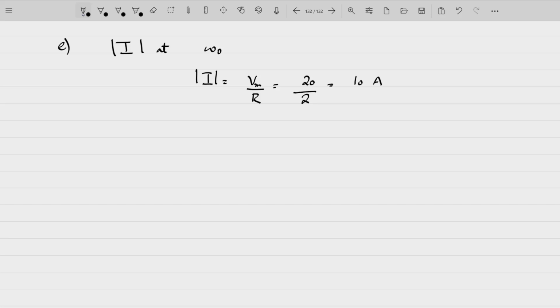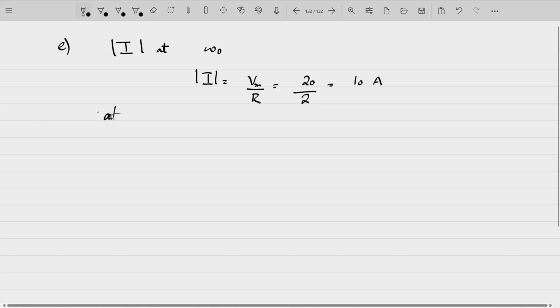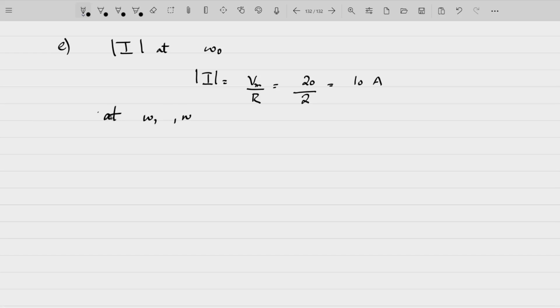At omega 1 and omega 2, the magnitude of current is equal to 0.707 Vm divided by R, or you can say Vm by root 2 R. This is 0.707 into 10, that is 7.07 amperes.